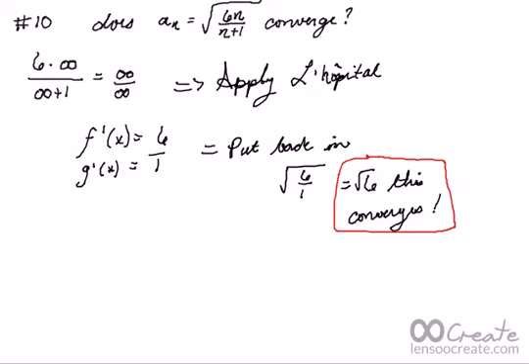Square root of 6 was the actual correct answer to this problem. I am not sure if you can simply take what's inside the square root out and solve that and then put it back in. I know that we could also write this as 6n over n plus 1 to the 1/2, which would be the same thing as the square root.